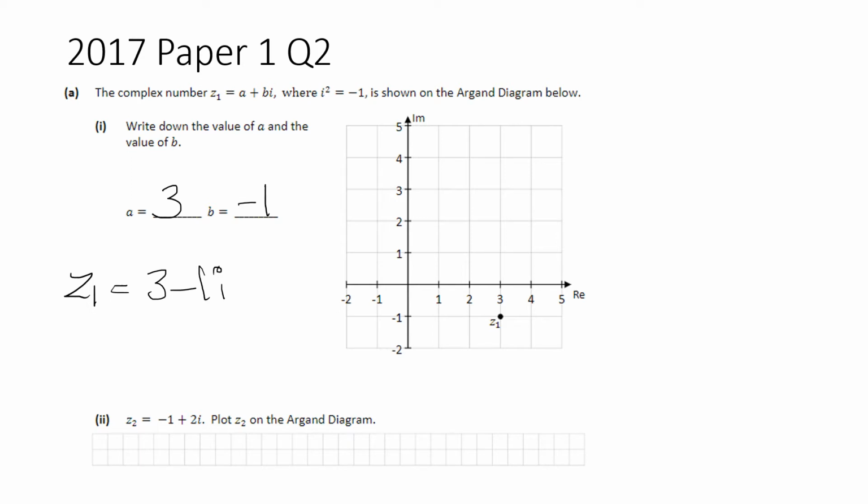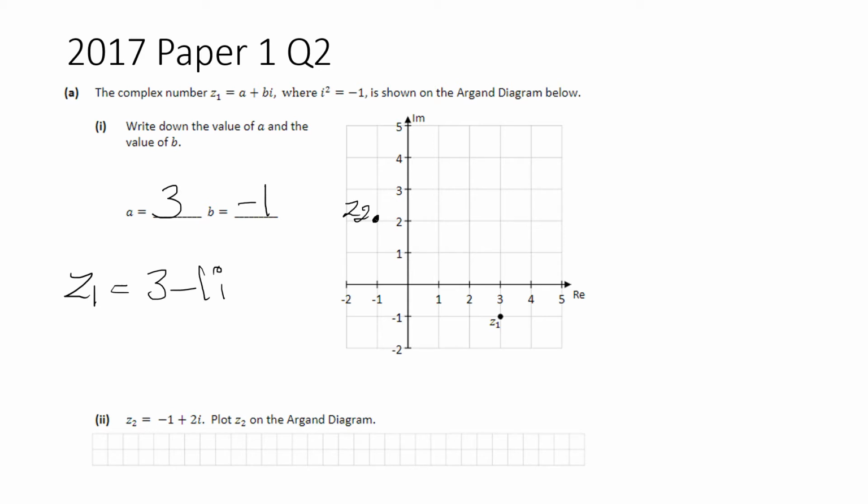So for part 2 then, you have to plot z2 onto the Argand diagram. You have to go to minus 1, and then you have to go to plus 2. That's it there. You have to make sure that you label it as well, so I need to label it as z2.